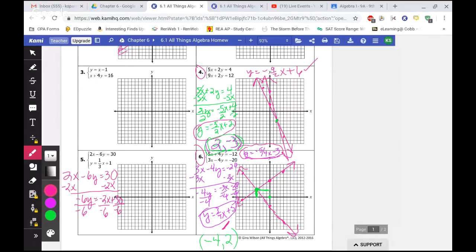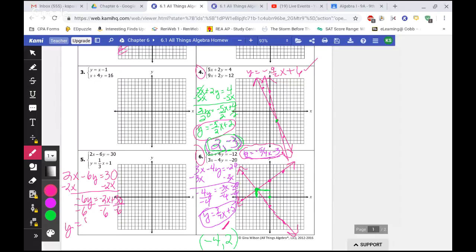Now I'm going to divide everything by 6. That's going to give me y equals -2 over -6. First of all, I know it's a negative divided by a negative, so that's going to be a positive. But I also know that's a fraction that can be reduced. Can anybody tell me what that can be reduced to? 1/3.